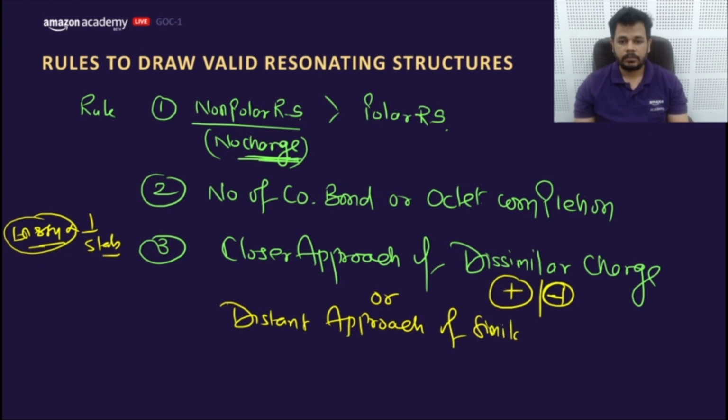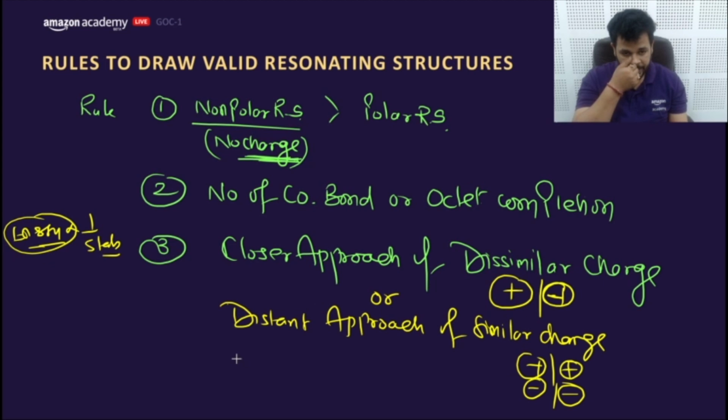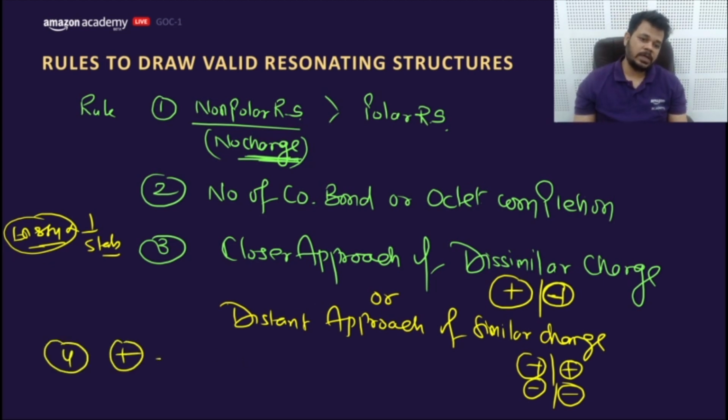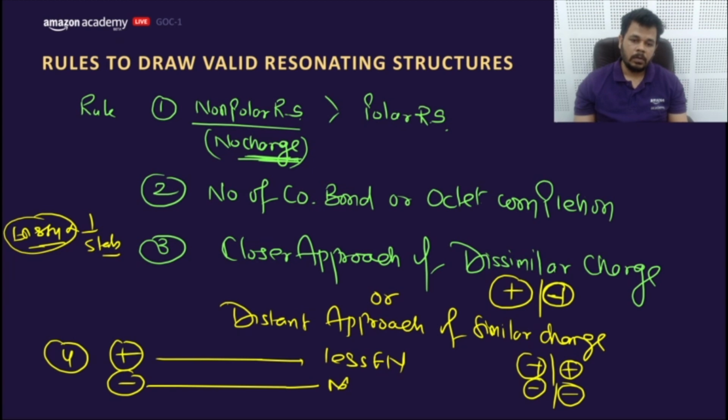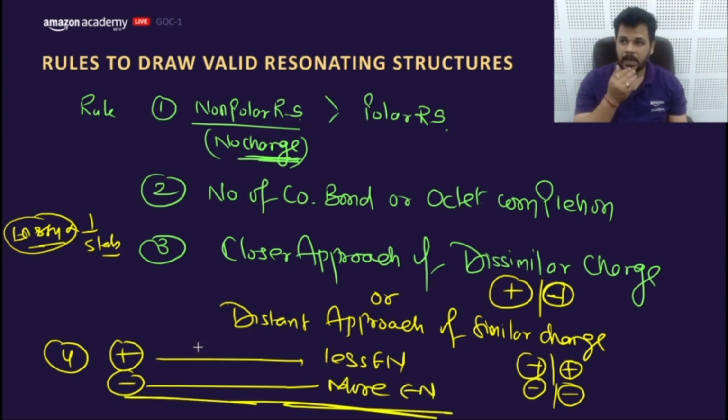That means positive wants to remain as far as possible, negative wants to remain as far as possible, and the last one is that positive charge is more stable on the less electronegative element, and negative charge is more stable on the more electronegative element, which can hold the negative charge or extra amount of electrons.